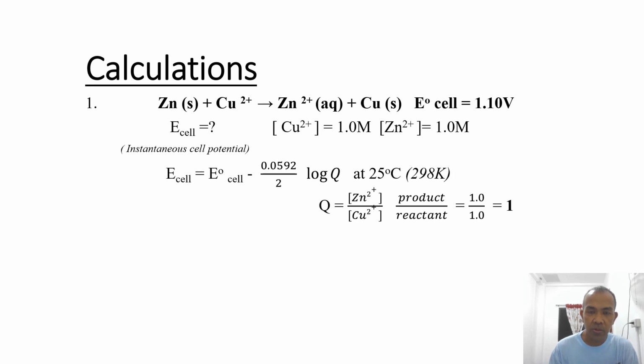Here's the balanced equation. Pure solids are left out of the equilibrium constant expression. So it would be the concentration of product over the concentration of the reactants. Dividing 1 molar over 1 molar equals 1. As we know, the logarithm of 1 is 0. So the whole second term will be 0, and we will have an instantaneous potential of 1.10.